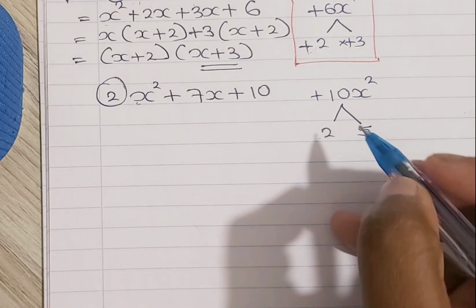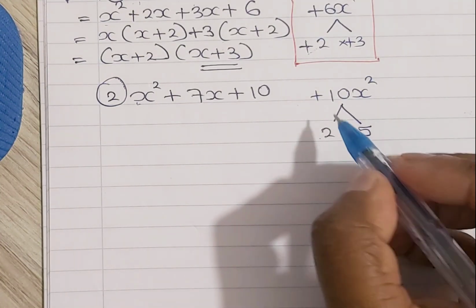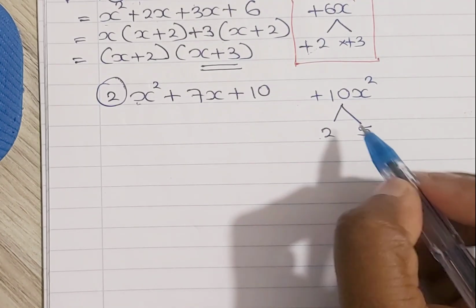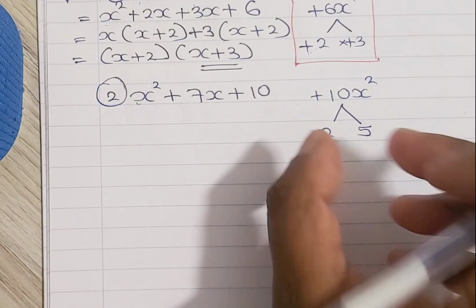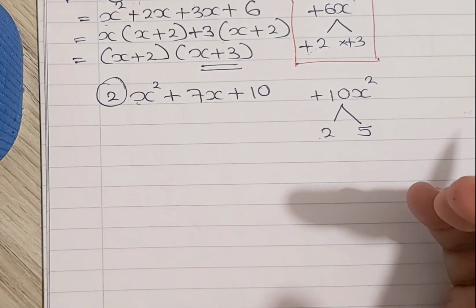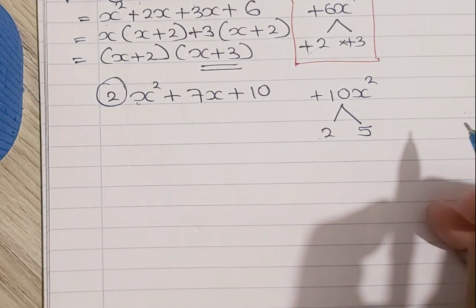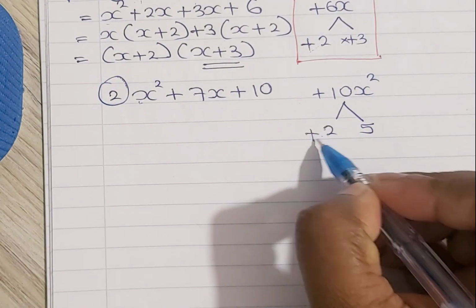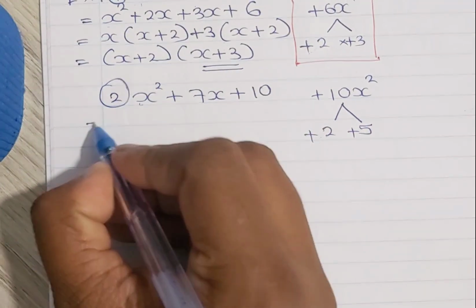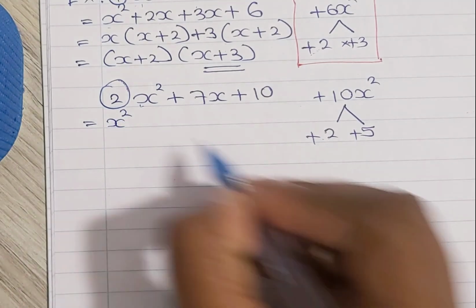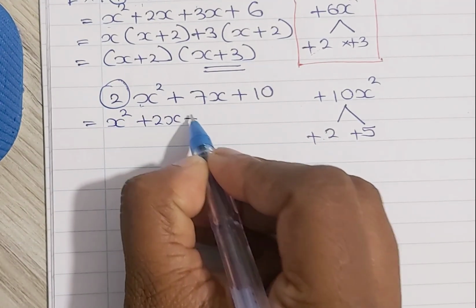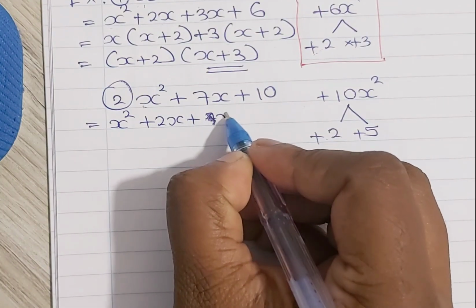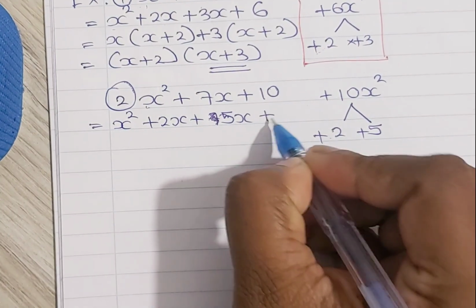This is the way you decide about the sign of both. If the product is positive, both signs should be the same, equal. And if the sum is positive, both signs should be positive. So I can apply x squared plus 2x and plus 5x plus 10.